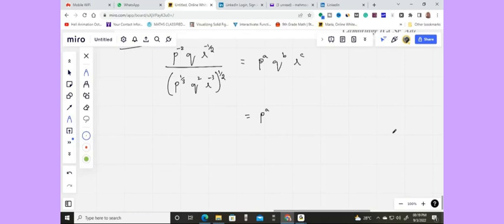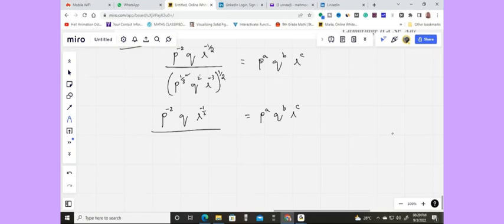We're not going to touch our right hand side here, because at the end we need to compare the powers, and that's it. So over here you see it's p power minus 2, q power 1, r power minus half upon. Now this overall power half is going to be applied on all these individual powers.